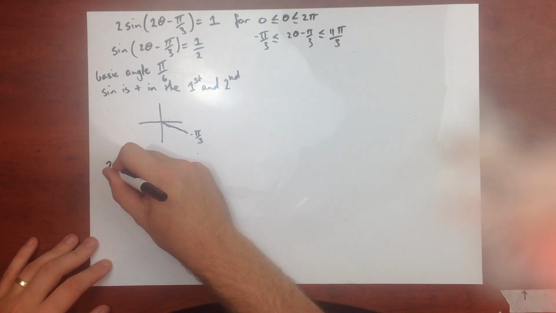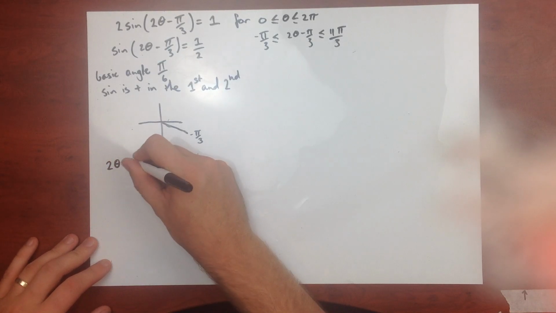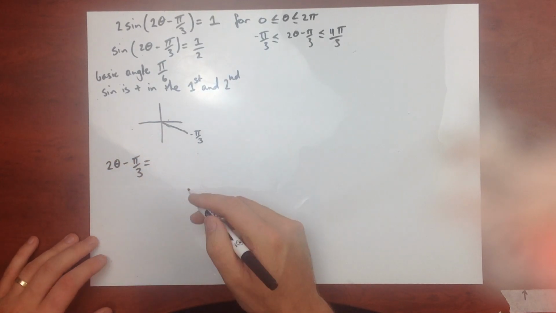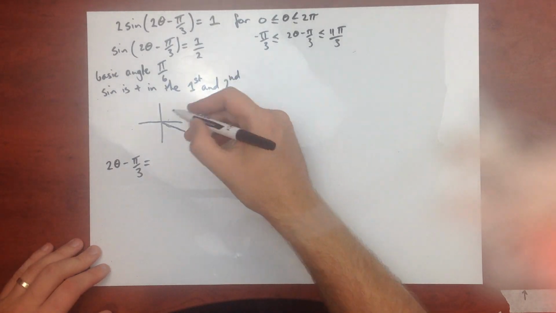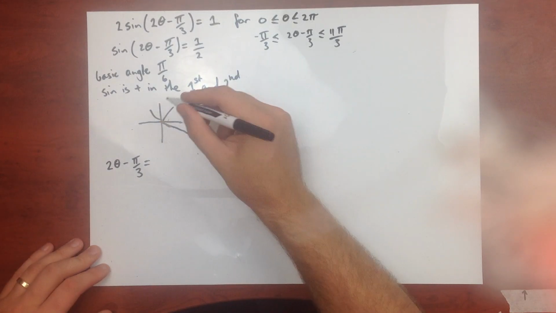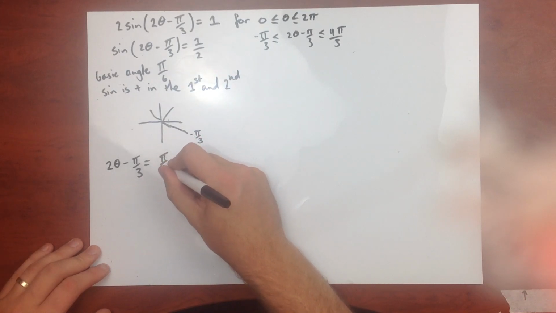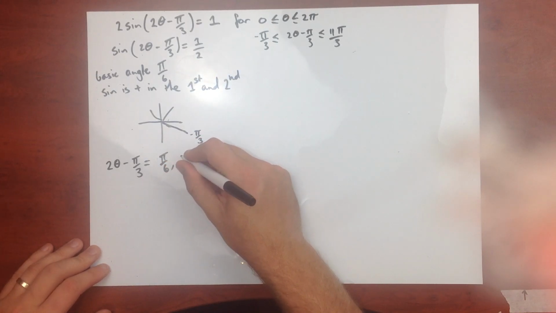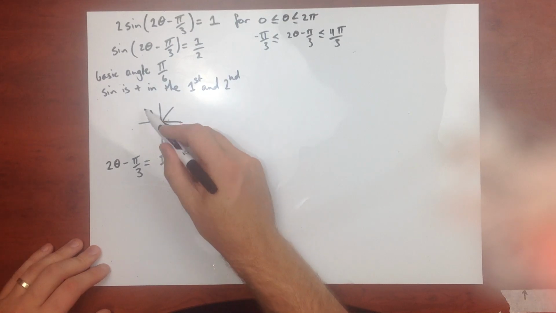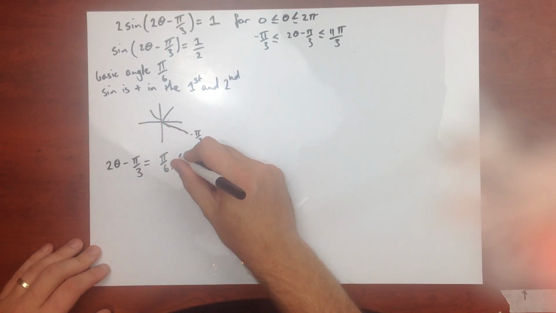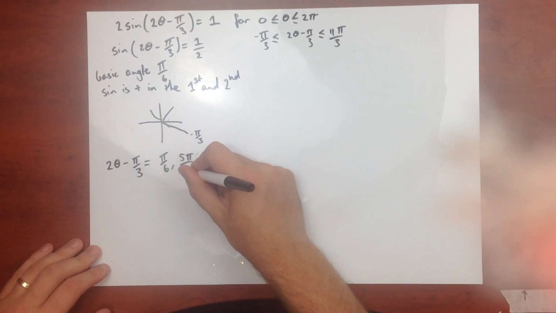Okay, so now we'll go through our process like we would. We're saying 2 theta minus pi on 3 is equal to, now remember we're first and second, so we're in here and here. The first is our basic angle of pi on 6. The second one is pi minus pi on 6, which will give us 5 pi on 6.